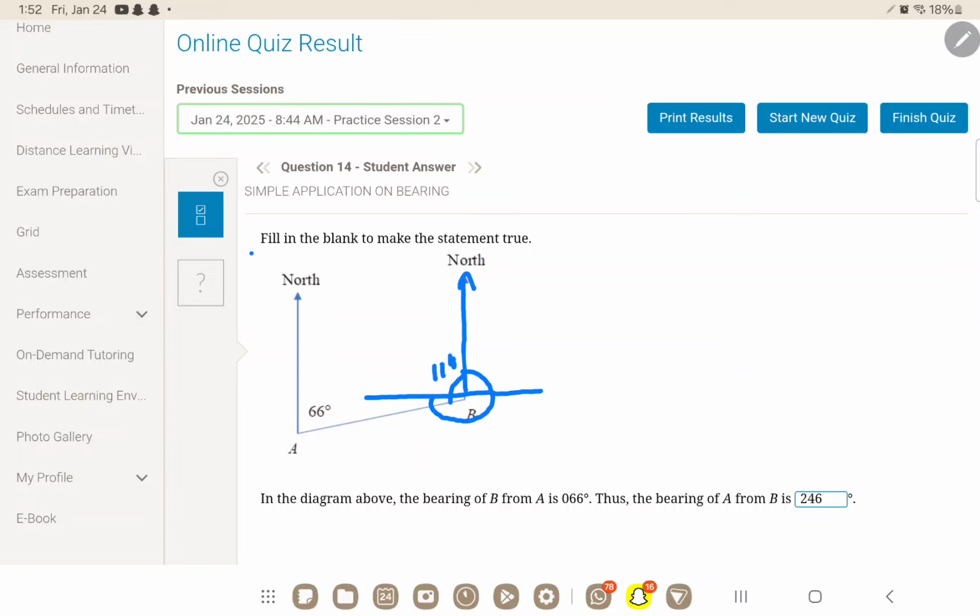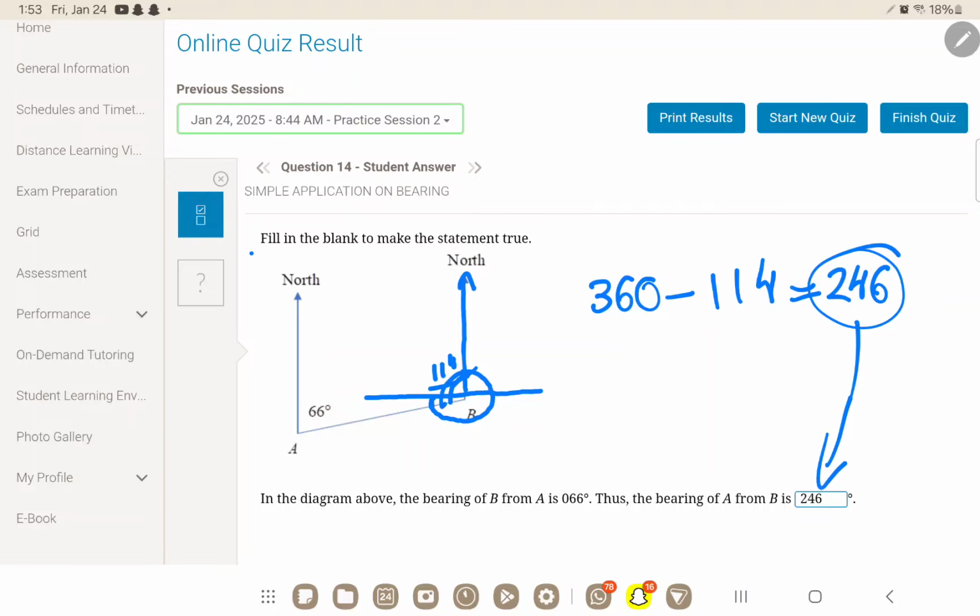We already found that. So, what is this angle, which is the bearing of A from B? It is practically 360, which is a full circle, minus the 114. So 360 minus 114 will give you 246, which is your final answer.